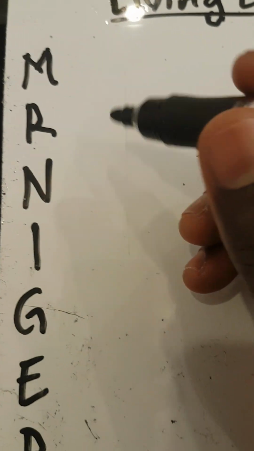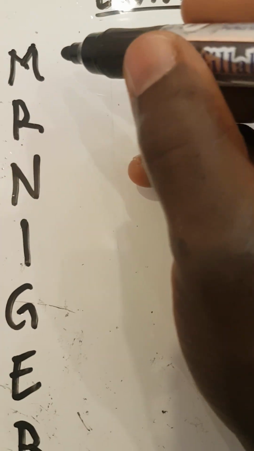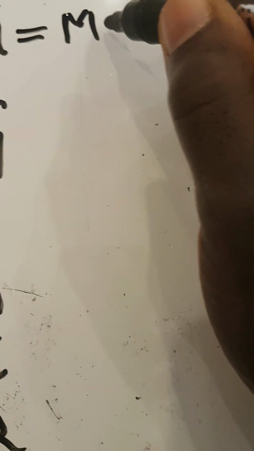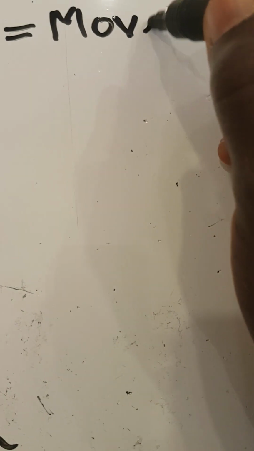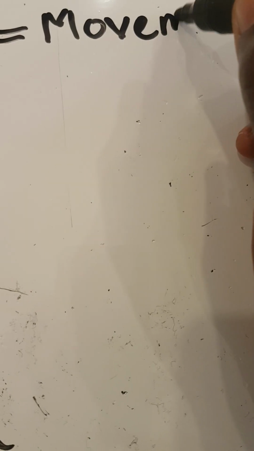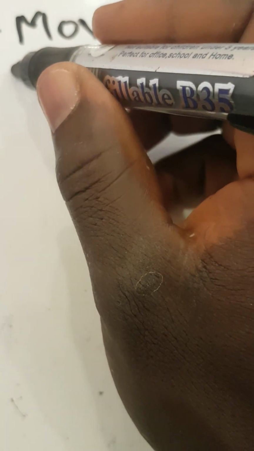So we have M stands for movement, reproduction, nutrition.